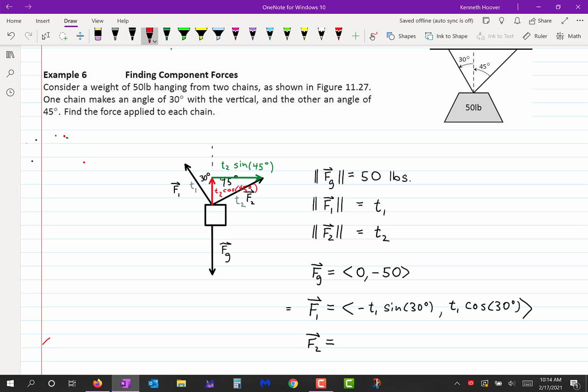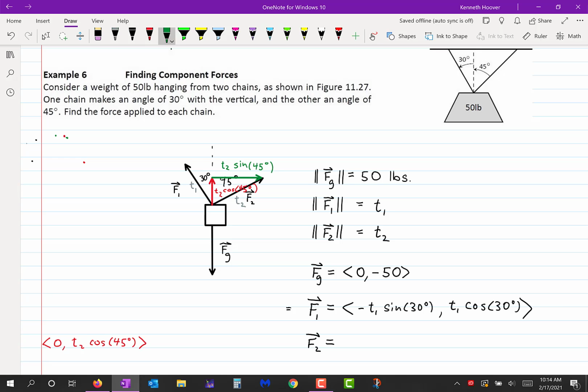So the red vector is pointing straight up with a length of T2 cosine of 45 degrees. So that vector would be 0, comma, T2 cosine of 45 degrees. If you're using degrees, you always say degrees after you say the number, because if you don't say anything, then that automatically means you're doing radians. And of course, we don't want 45 radians. That would be huge. Okay, the green arrow is pointing horizontally left with a length of T2 sine of 45 degrees.